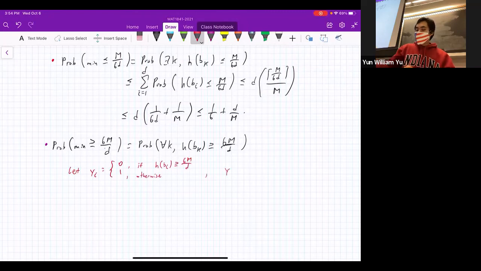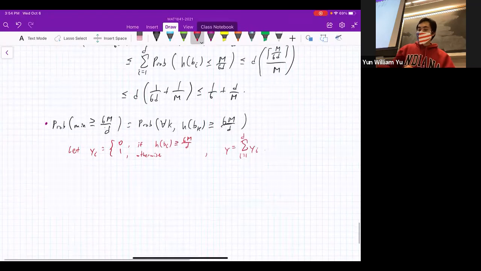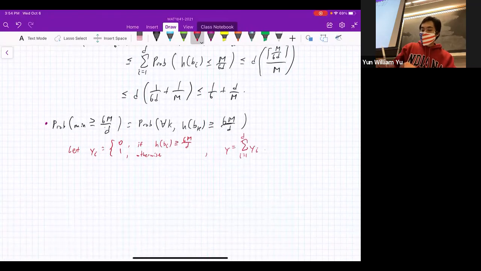And note that y is going to be equal to the sum over i from 1 to d of our yi's. And so when you do this, you'll note that this entire thing is just equal to the probability that y is equal to 0.